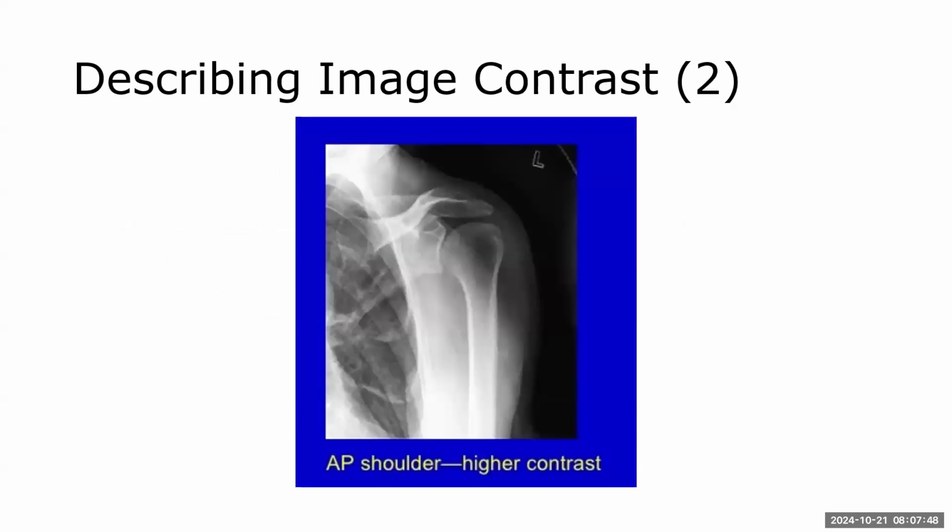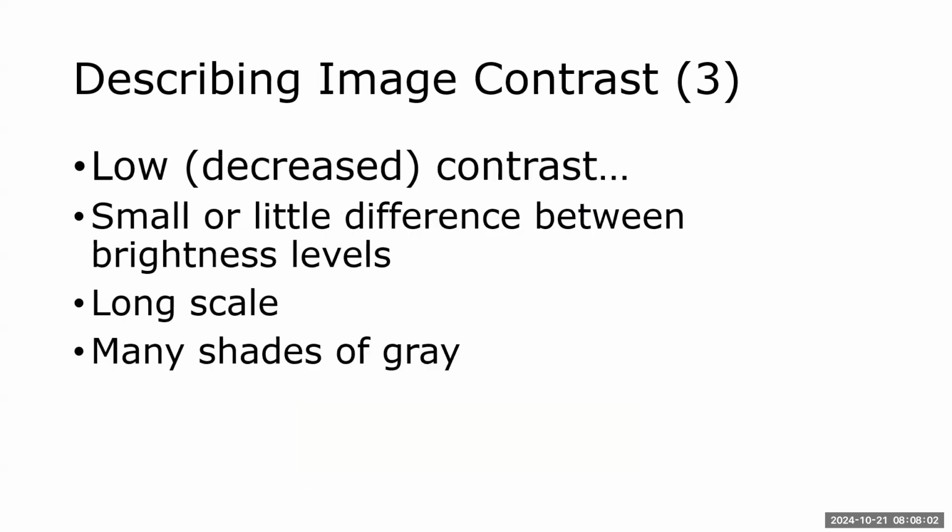An image with high contrast would look something like this, where it is more black and white. The whites are whiter, the blacks are blacker. So there's greater difference between adjacent brightness levels. We can also talk about low contrast or decreased contrast or less contrast in an image.